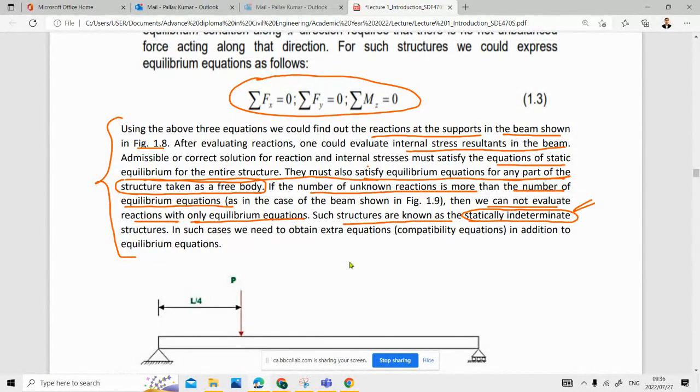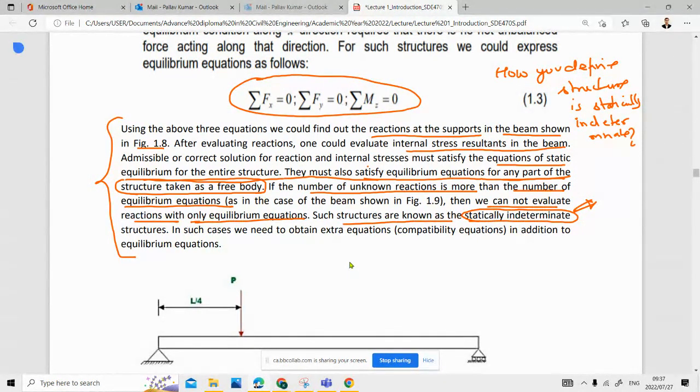So this is quite an important point. How do you define a structure as statically indeterminate? This is your next question. How do you define a structure is statically indeterminate?